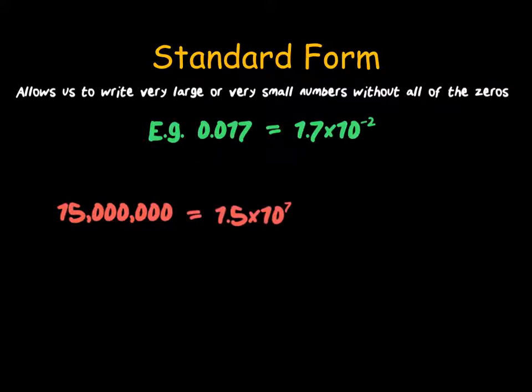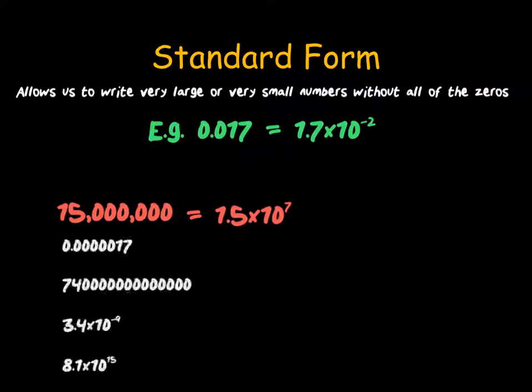I want you to have a go at converting the following numbers. So, for our first number, we need to move the decimal point to the right. We have 1, 2, 3, 4, 5, 6. So the first one would be 1.7 times 10 to the -6.